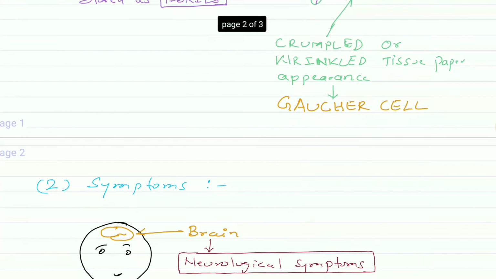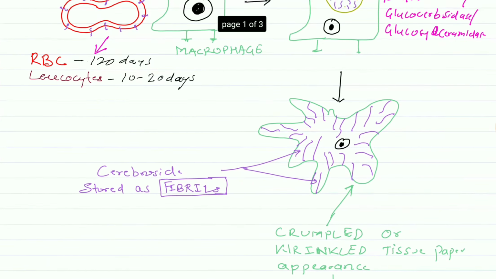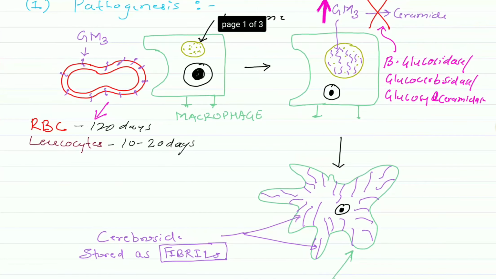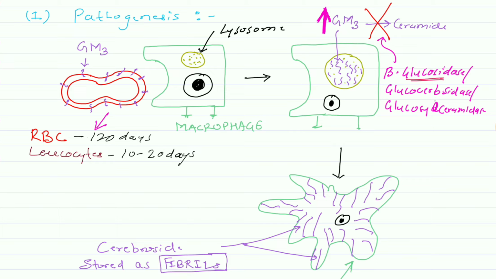Now after the symptoms, how the disease progresses in the pathogenesis, we discussed how the crumpled cells or Gaucher cells are formed. These are formed because of the deficiency of beta glucosidase or glucocerebrosidase or glucosylceramidase, and because of this the GM3 gets accumulated in the macrophages.